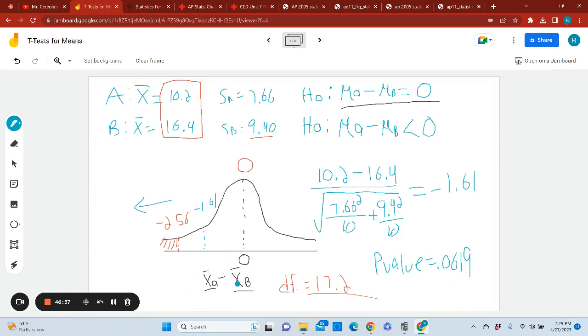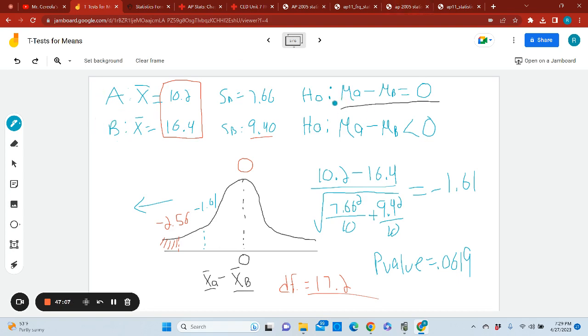We ran this test at the 1% level. What we found out is the probability that you would get a sample difference of this much, 10.2 minus 16.4, which has got to be negative 6.2 off the top of my head. So this group had about 6.2 more cholesterol reduction on average than the placebo group.